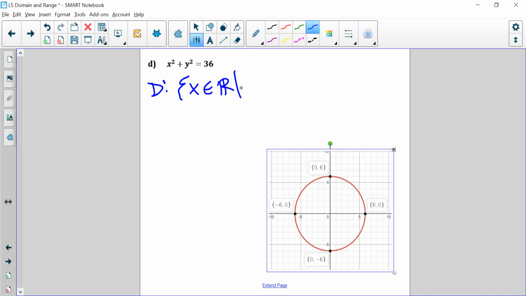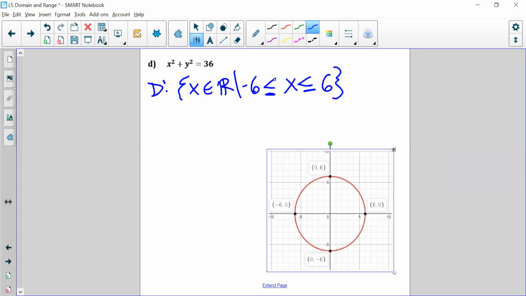And this one is that your X value exists between -6 and 6. It's greater than -6 and less than +6. So it only exists between -6 and 6.